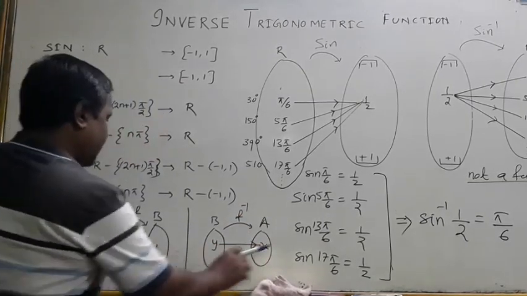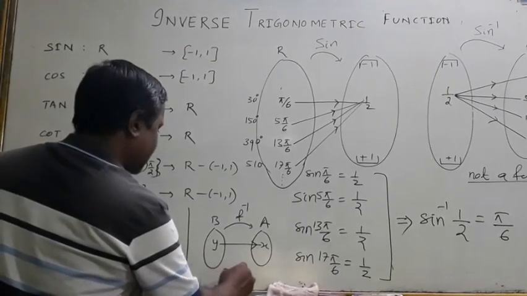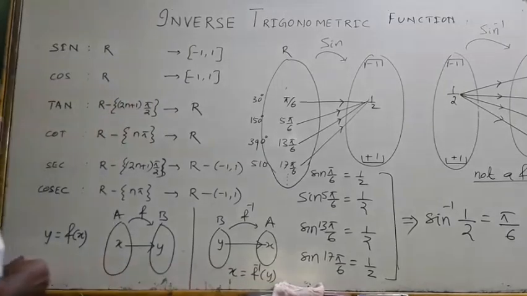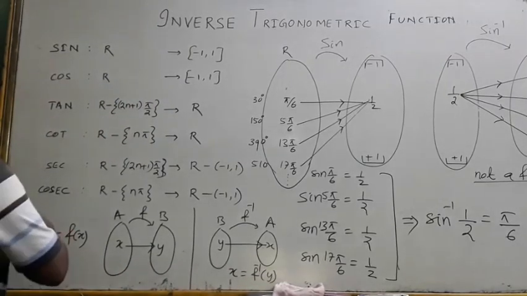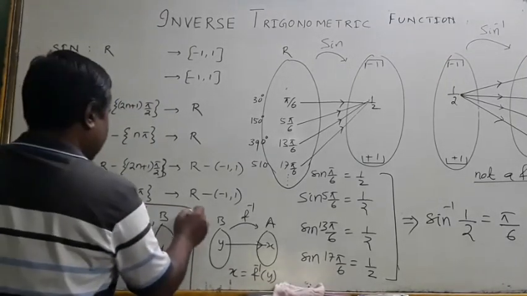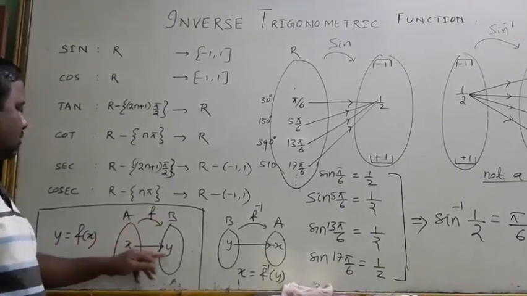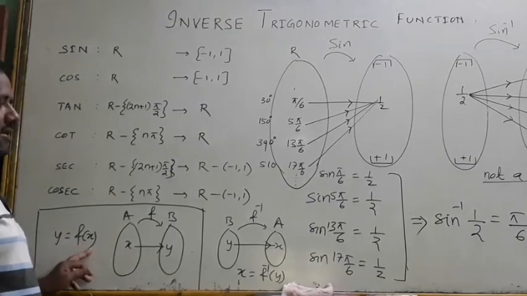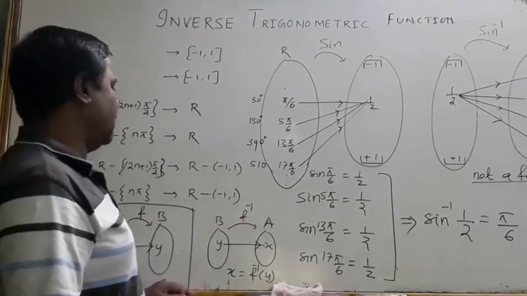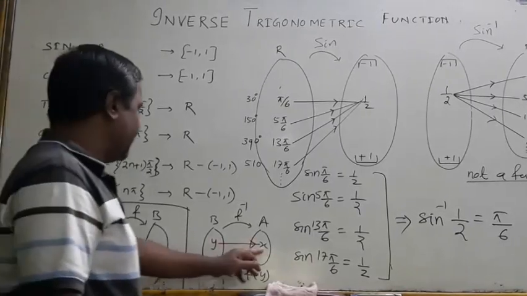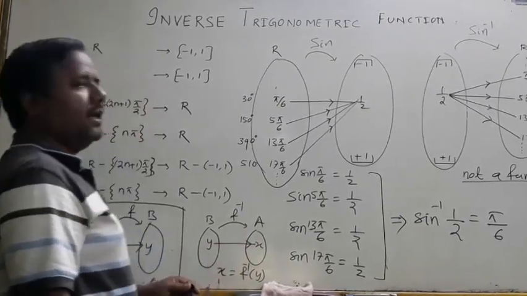Now this x is equal to f inverse y. Look at here. For any function from A to B, f, x to y, y is called f(x). For inverse function, this y is coming to the domain, x is going to the range, and this x is called f inverse y.